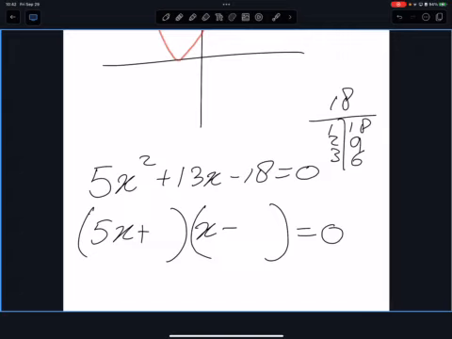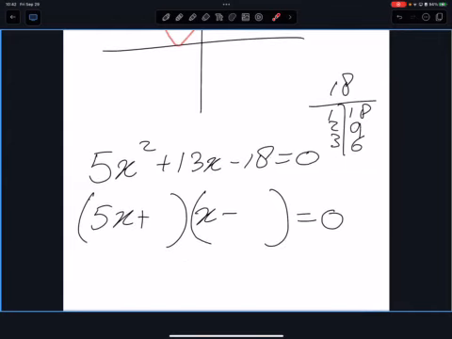You can go through them one by one, or you can start by taking a guess. It might be 1 and 18. If 18 is here, it's 1 and 18.